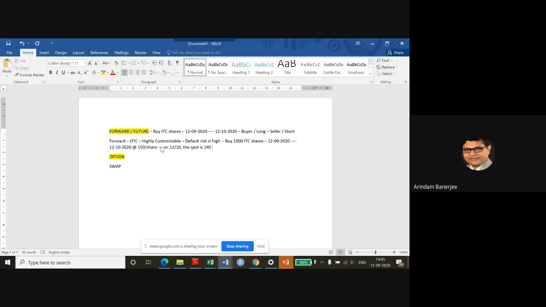Obviously not, because his contract is to buy at 150 per share, but the spot is available at 140, so he will try to avoid it. And when he tries to avoid it, the default risk becomes very high.